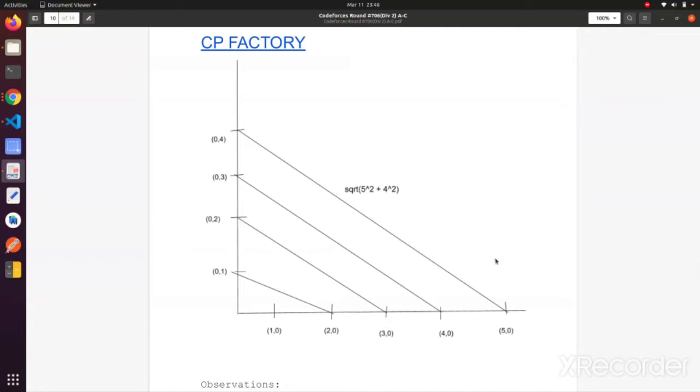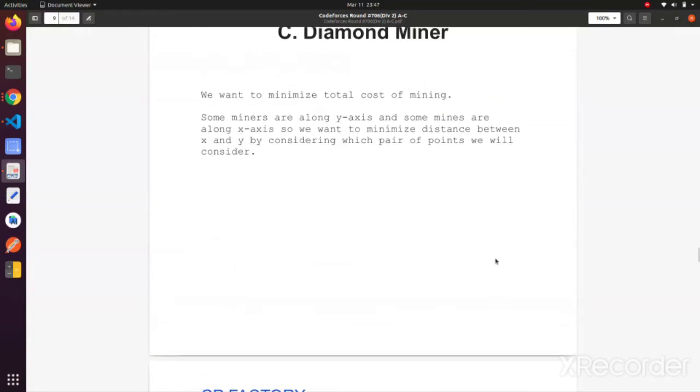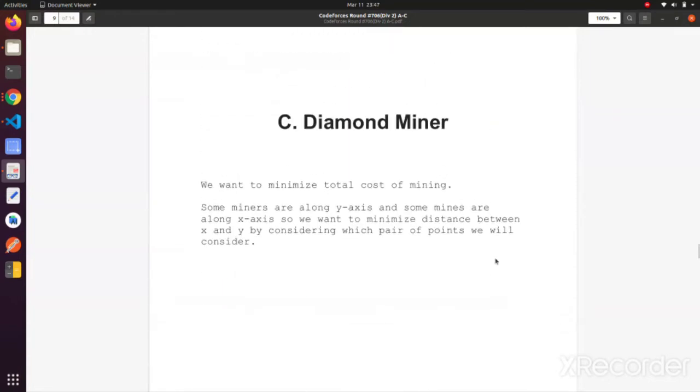So we have to minimize the cost and print the minimum total cost. The answer should have 10 decimal digits of precision, so to be on the safe side I will show 15 decimal digits. How to achieve that I will show in the coding part.